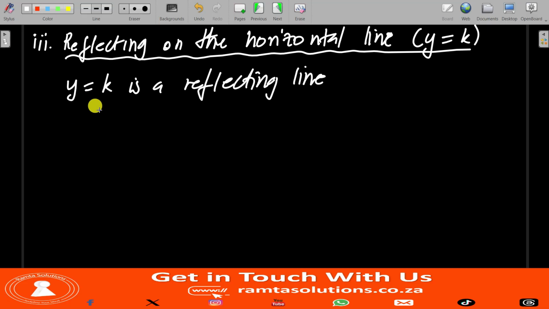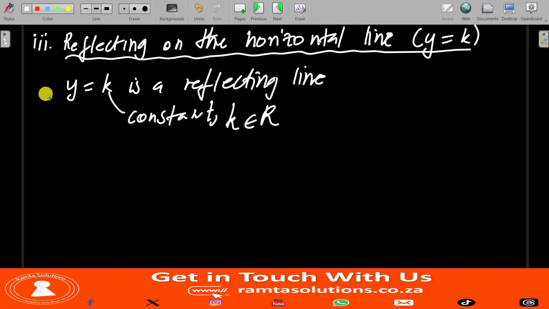And I must say to you, this k is a constant, and I also want to say to you, it's an element of real numbers. So whichever value you can think of, as long as it's a real number.